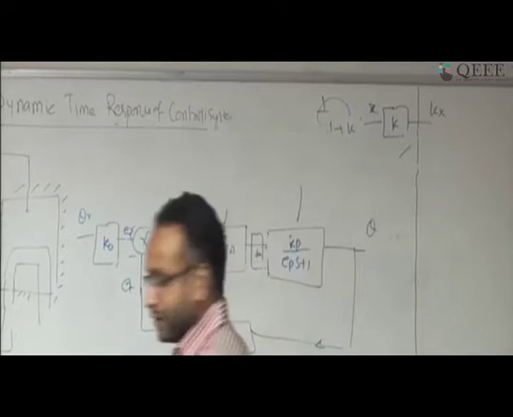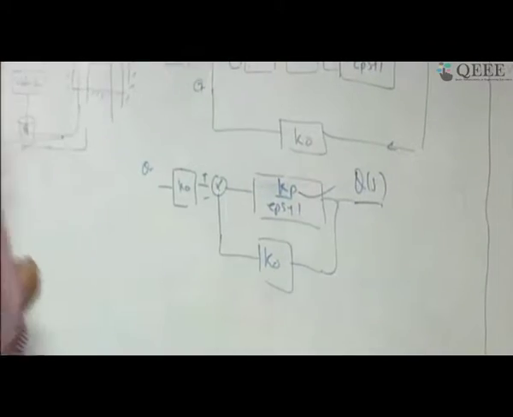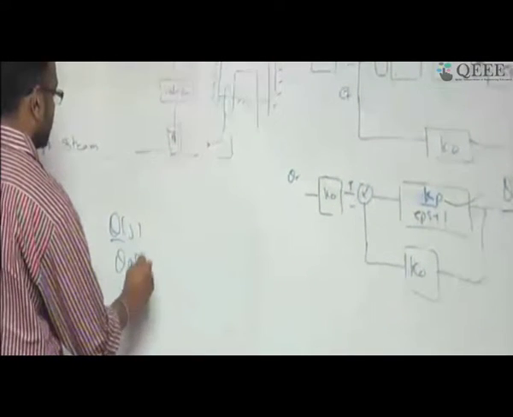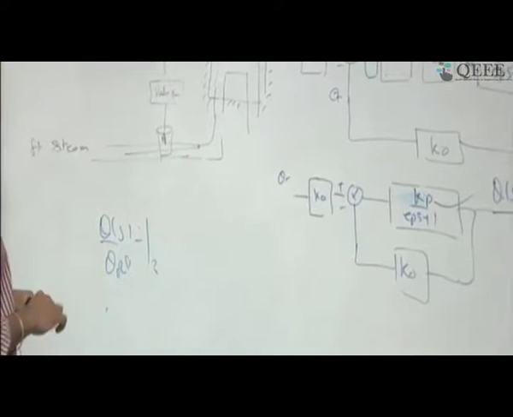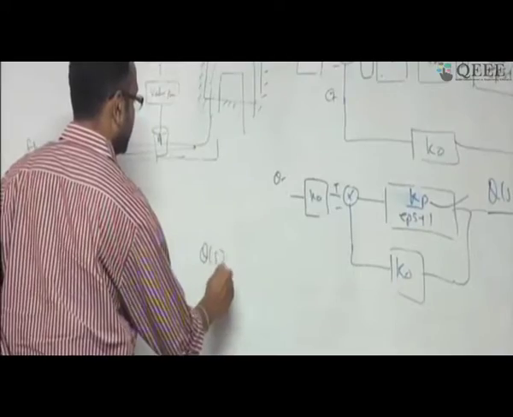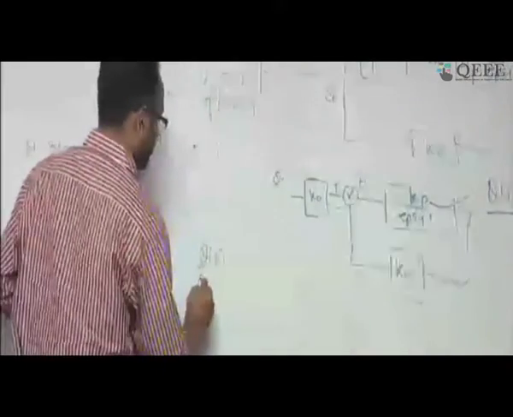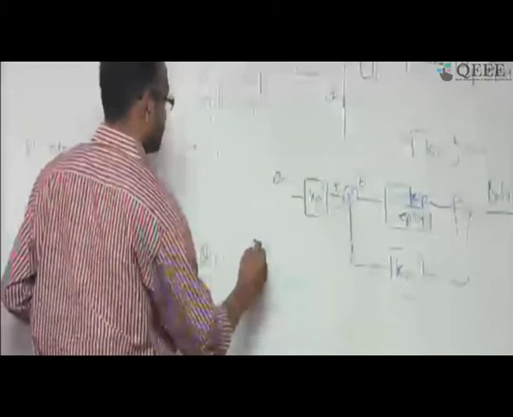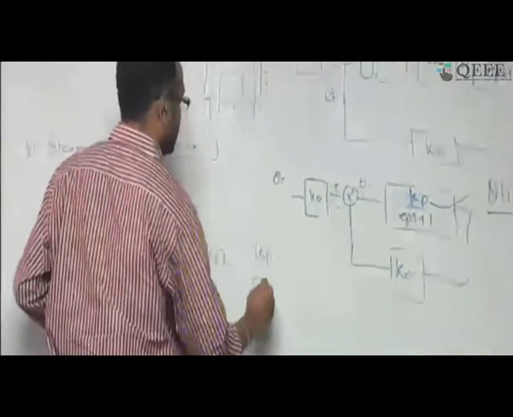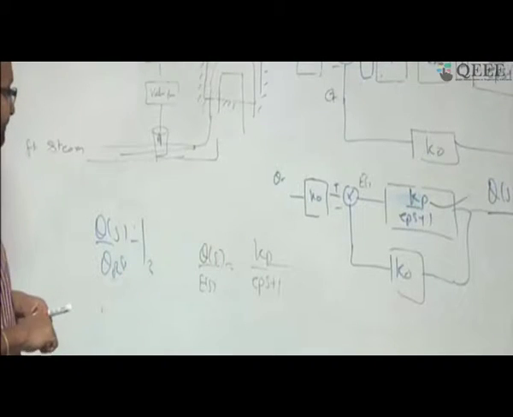Now let us see what is going to be the final response. This is your theta s, so theta s divided by theta rs. I want to know, how do I solve it? For that, I can write theta s divided by Es, letting Es be the error signal, is going to be Kp over tau p s plus 1. Is that part clear?